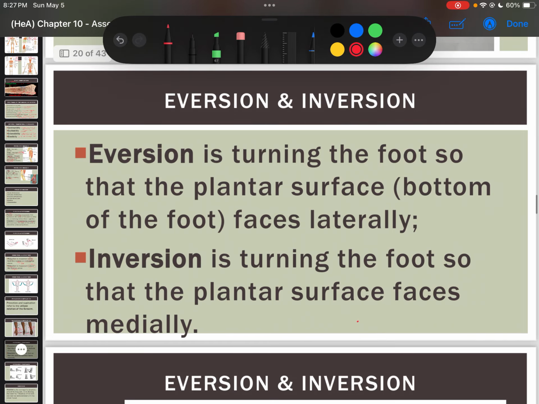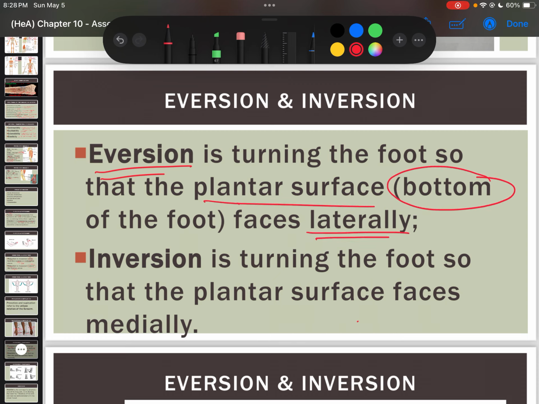Next is eversion and inversion. Eversion is turning the foot so that the plantar surface or the bottom of the foot faces laterally or towards the outside. Okay? Whereas inversion is turning the foot so that the plantar surface faces medially or towards the inside.